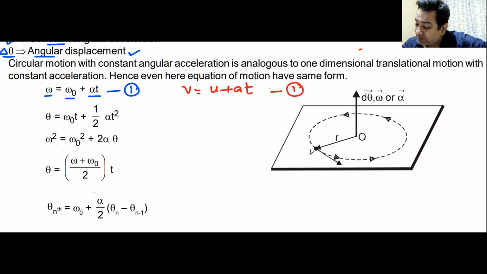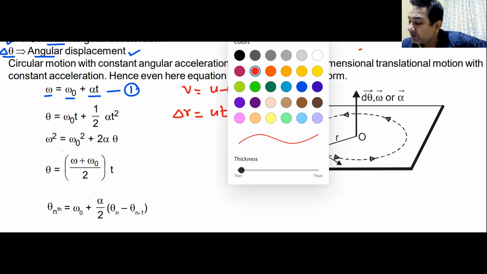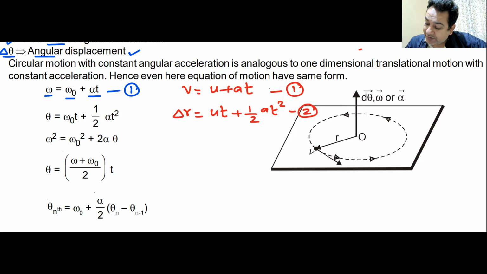For example, equation number 2 was delta r, which is displacement, equal to ut plus half a t square. Yes, Neha, that was the second equation of motion that we had studied. Now the counterpart here is delta theta equal to omega naught t plus half alpha t square.